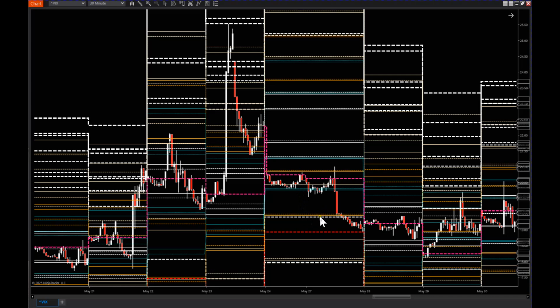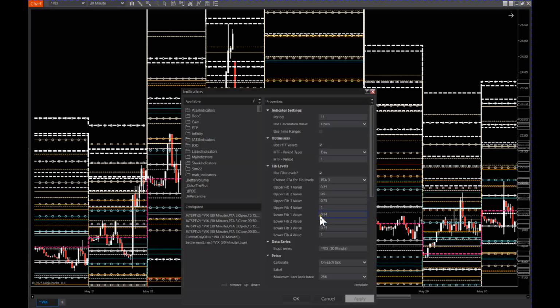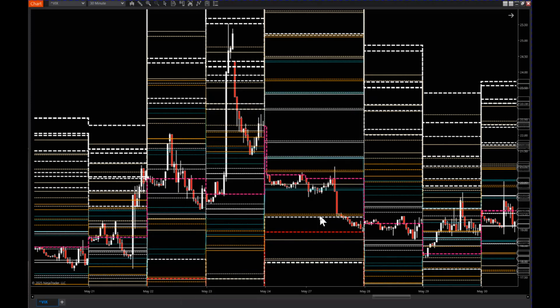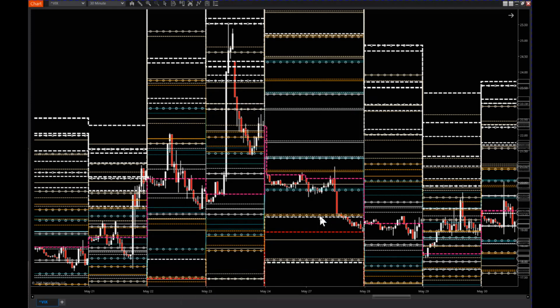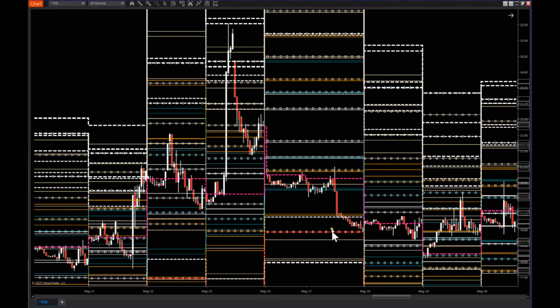And here was your first fib. So here's your daily 1 on the open. And the second fib here, when that broke lower, is where the market went.